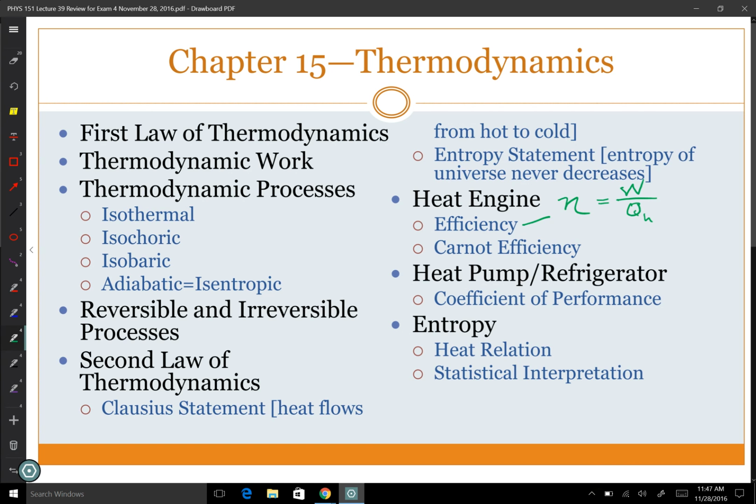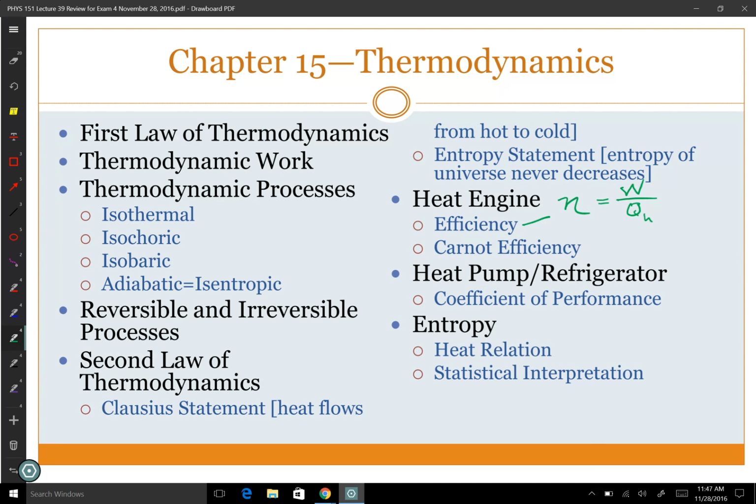Now we have this Carnot cycle, with its isothermal expansion, its adiabatic expansion, its isothermal compression, its adiabatic compression. What's special about the Carnot engine? Okay, it's the most efficient you can have.